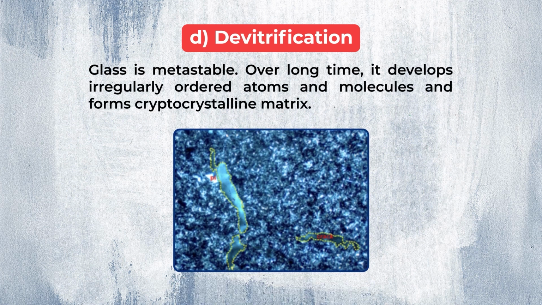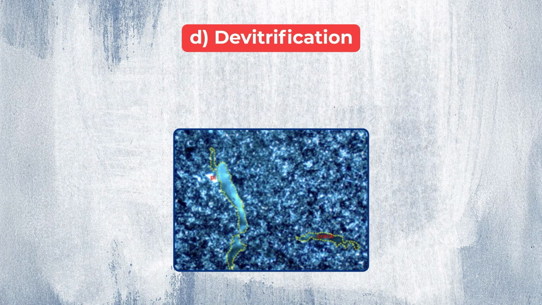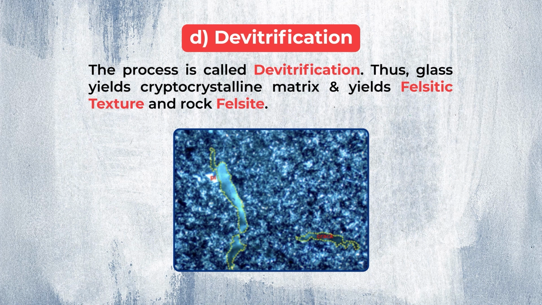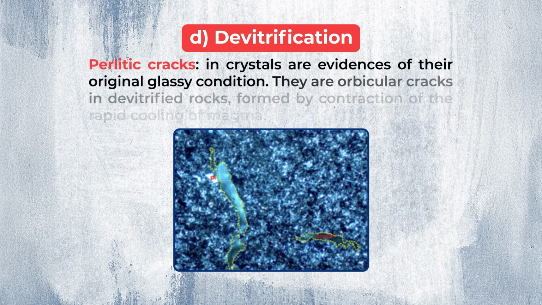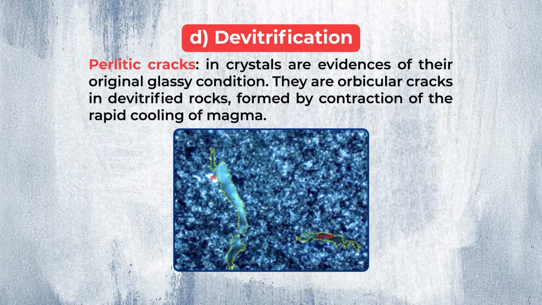Devitrification. Glass is a metastable material. Over a long time, it develops irregularly ordered atoms and molecules and forms a cryptocrystalline matrix. The process is called devitrification. Thus glass yields a cryptocrystalline matrix and felsitic texture, and the rock is known as felsite. Perlitic cracks in crystals are evidence of their original glassy condition.